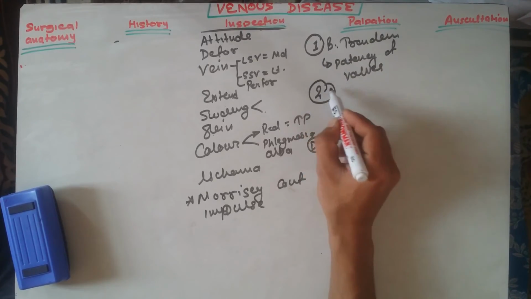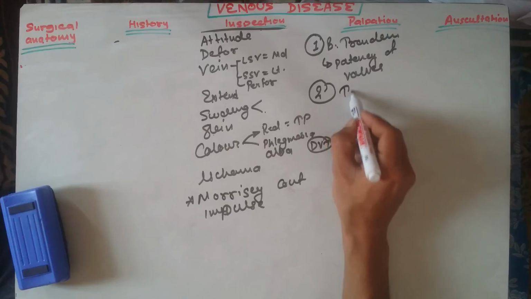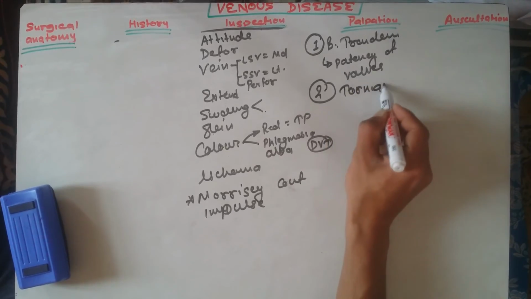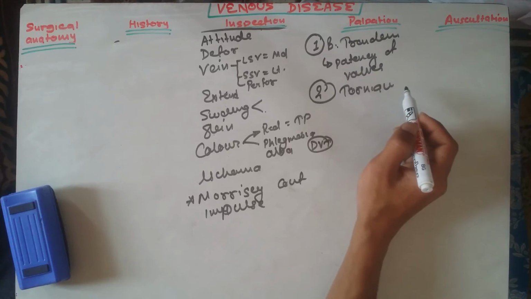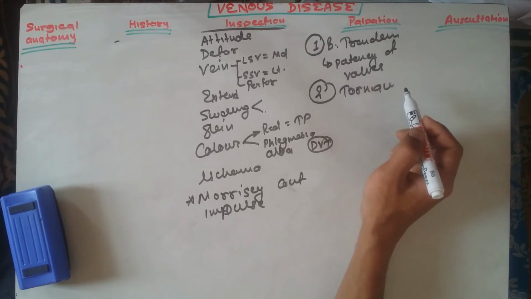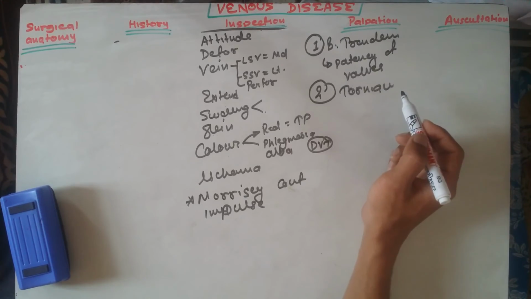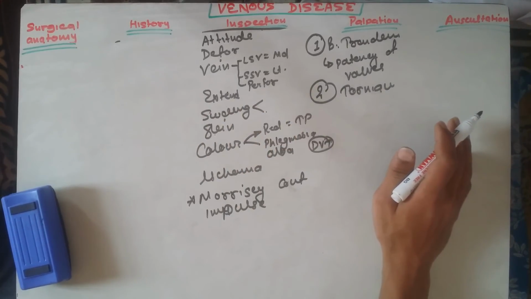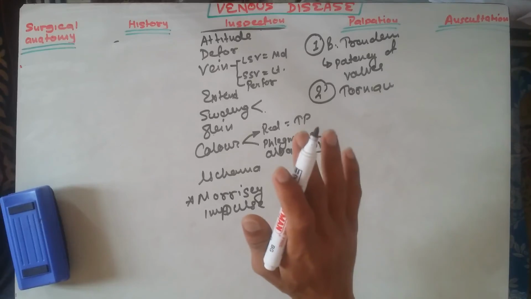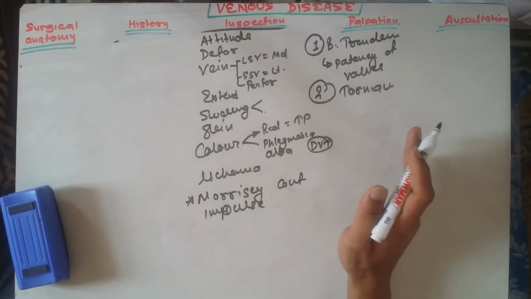The other test is the tourniquet test. In the tourniquet test, we apply a tourniquet, actually in the recumbent position. The patient is in the recumbent position and asked to raise his leg so that the blood in the superficial vein is emptied.